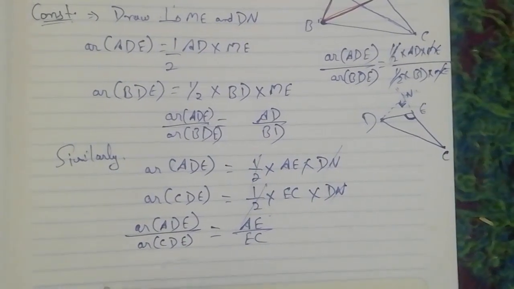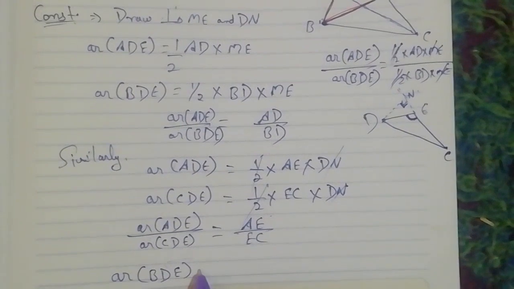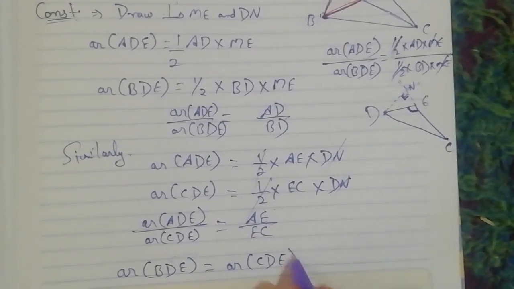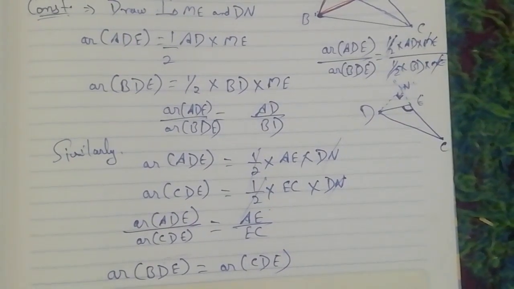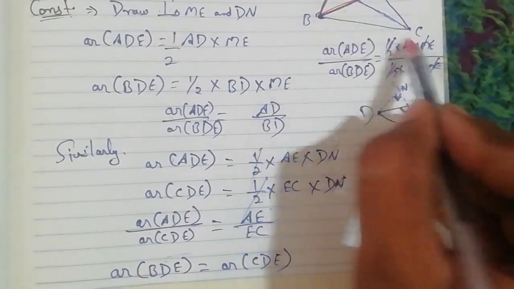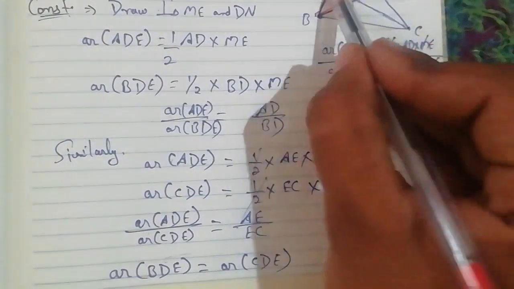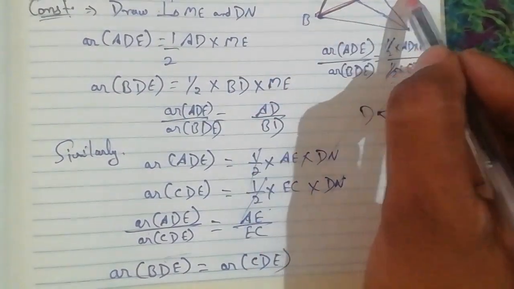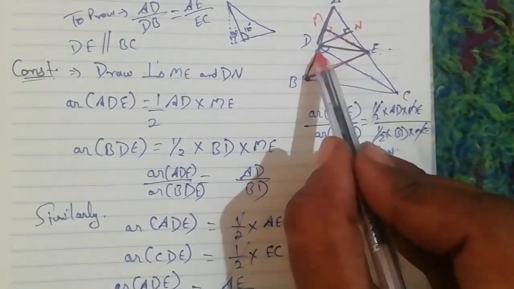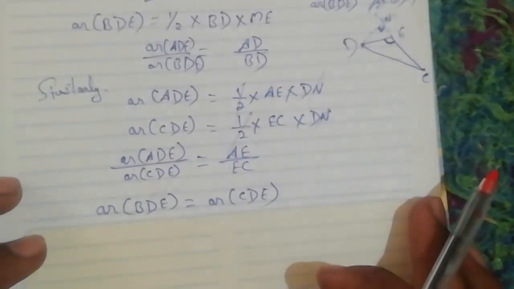So from here we can write area of triangle BDE is equal to area of triangle CDE, because they have the same base DE and lie between the same parallels, that is DE is parallel to BC. So their areas will be equal.